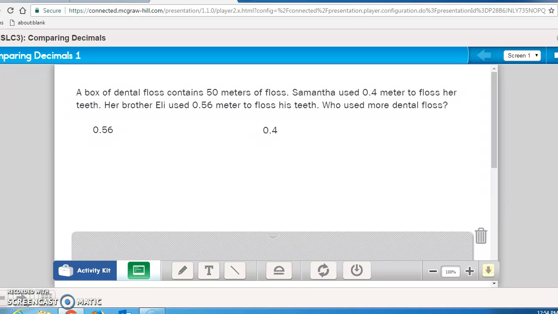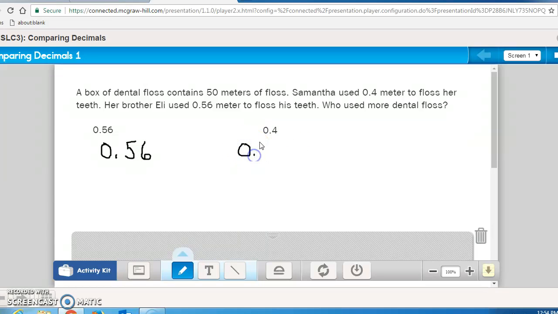The next problem is asking you, if you have a box of dental floss that contains 50 meters of floss, Samantha used 0.4 meters to floss her teeth, and her brother Eli used 0.56 meters to floss his teeth, who used more dental floss? Again, think of it as 0.56 means that you have 5/10 and 6/100. 0.4 means that you have 4/10 and 0/100.